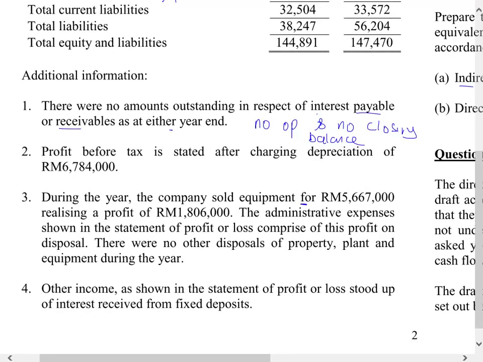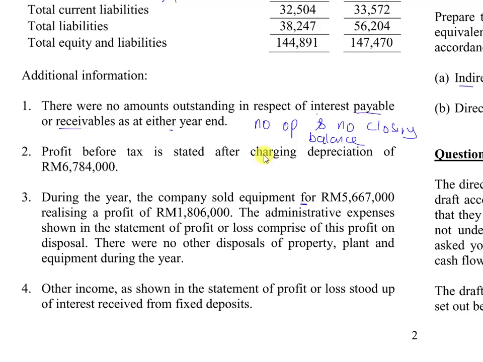Note 3. During the year, the company sold equipment for 5667. What is this?